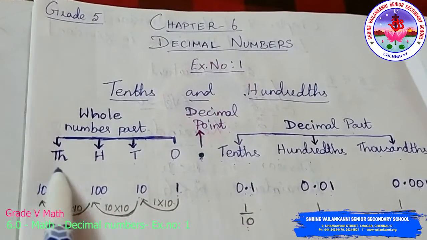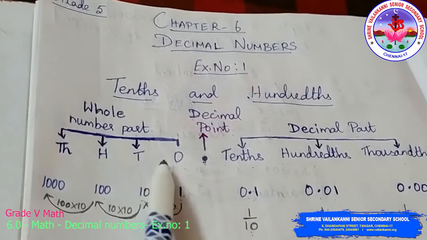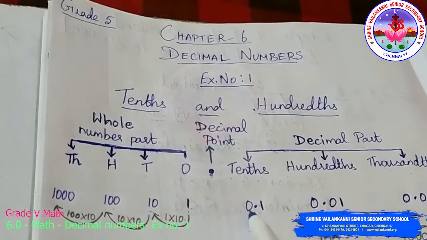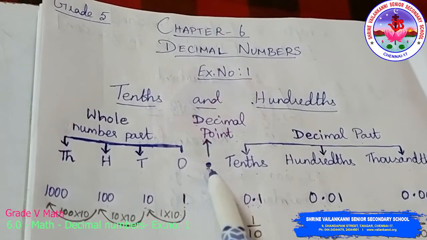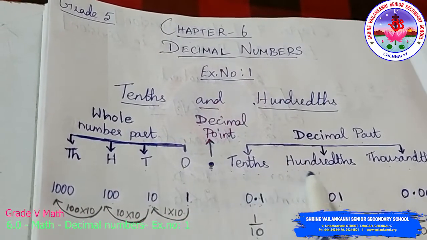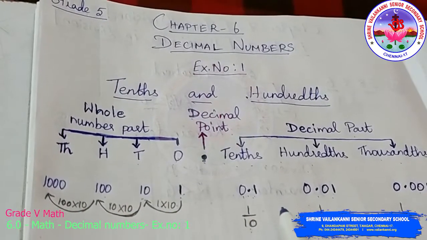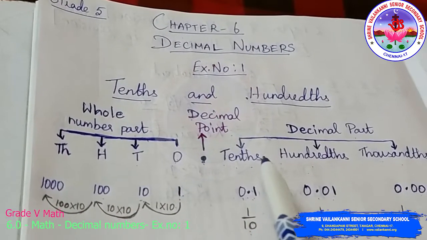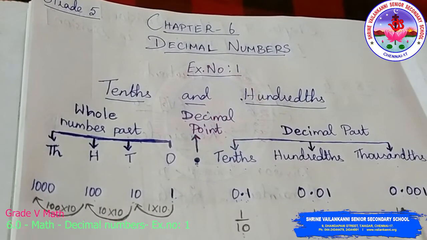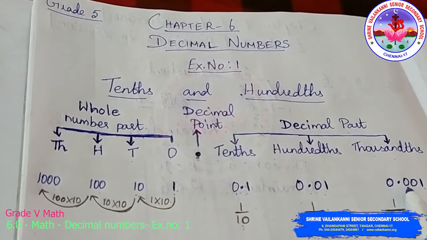In the whole number part, each place value is 10 times more than the previous place value. If you take the places after the decimal point, all the place values are 10 times lesser than the previous ones. So that is how you got 0.1, 0.01, 0.001.